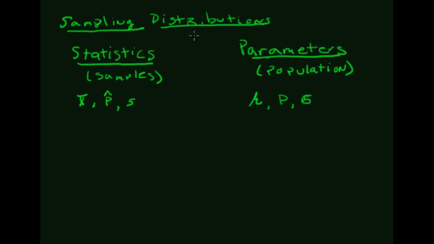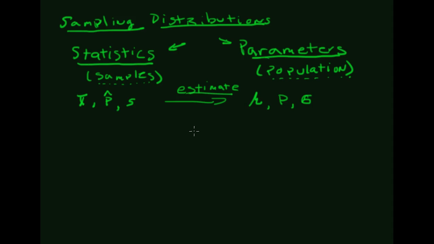Inferential statistics is we use incomplete data to talk about the population. So a sample is incomplete information to talk about the entire population. So we believe that we can use these to estimate these.